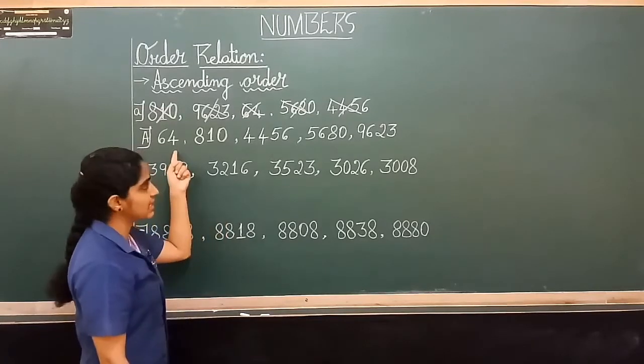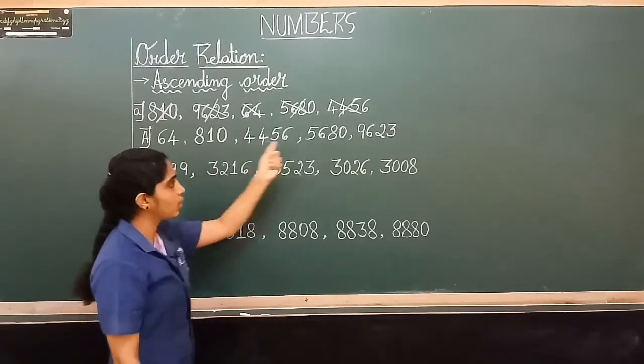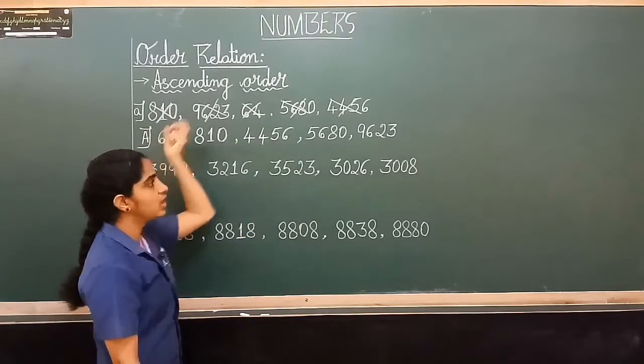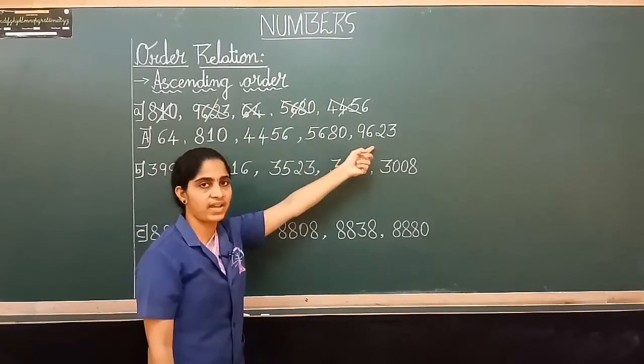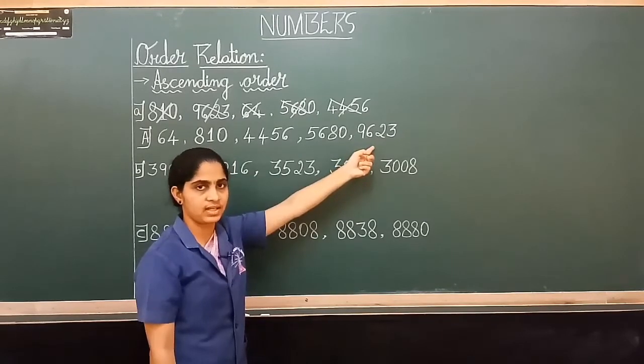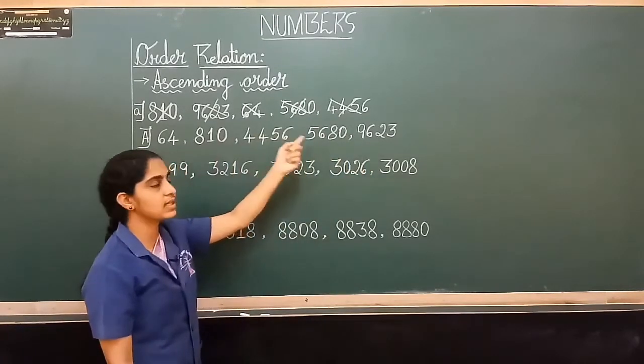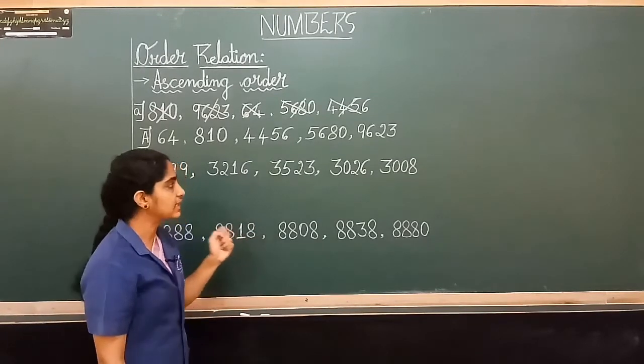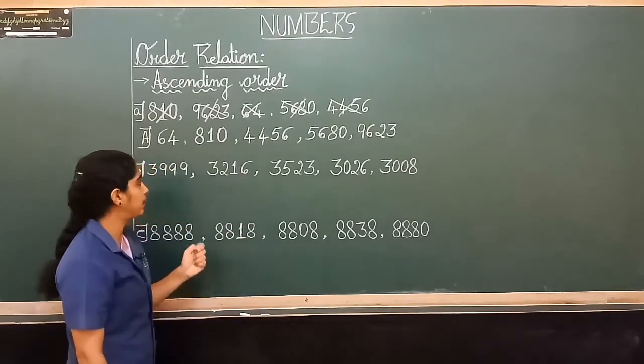So, now this is the answer. If you have observed the order, we can see that from smaller to greater, we have arranged the numbers. This is nothing but arranging the numbers in ascending order. Let us move to the second example.